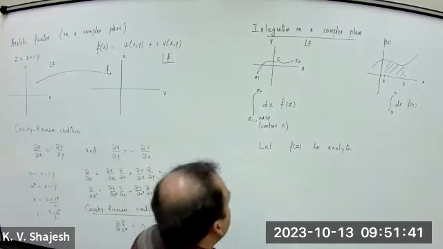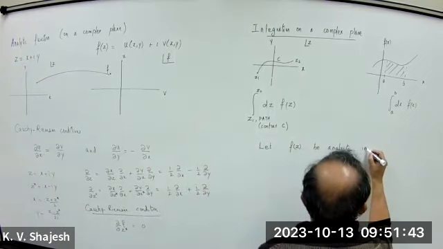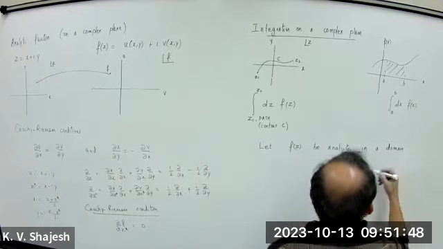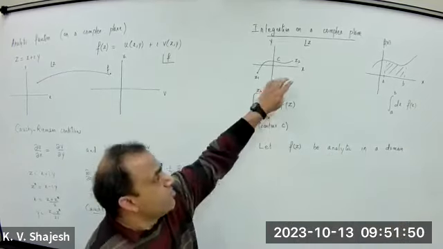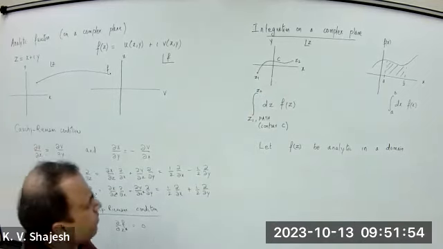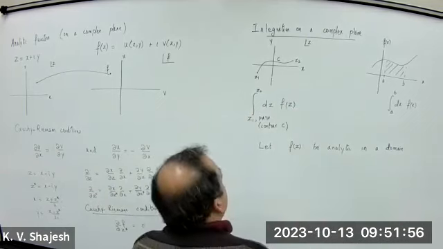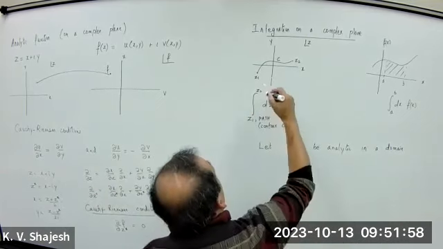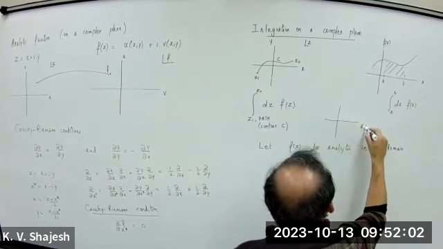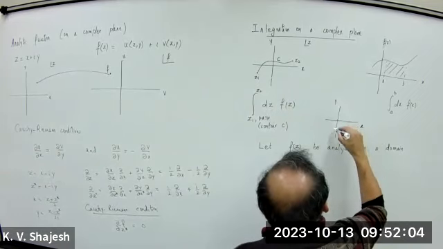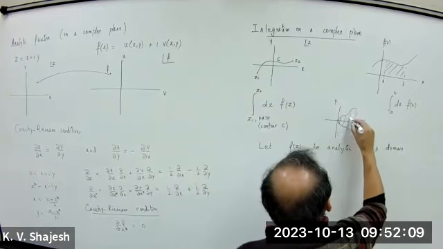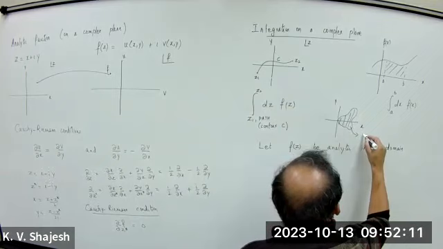So let f of z be analytic in a region or a domain of your xy plane. And if that is true, then I can pick an area. So let's again draw the xy plane, and I pick an area. That's my surface area.